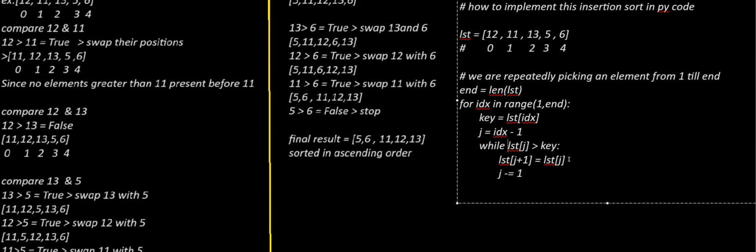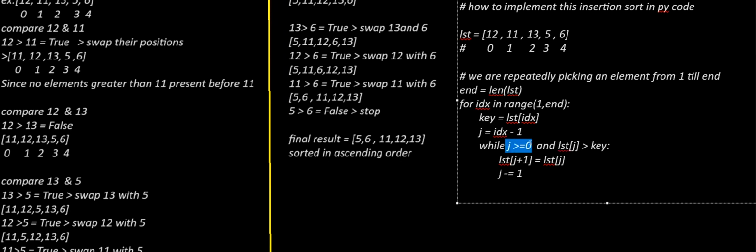If my j value becomes less than 0, then I need to stop. So I need to run while j is greater than or equal to 0 and the other condition; both conditions need to be satisfied.